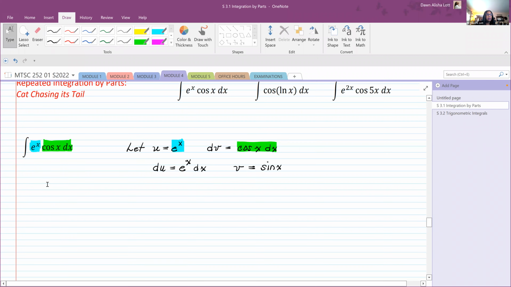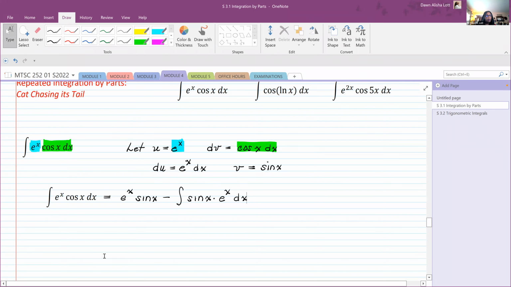Okay, so I'm going to take my integral and write it. I get u, which is e to the x, times v, which is the sine of x, and then I subtract off the integral of v, which is the sine of x, times du, which is e to the x dx.